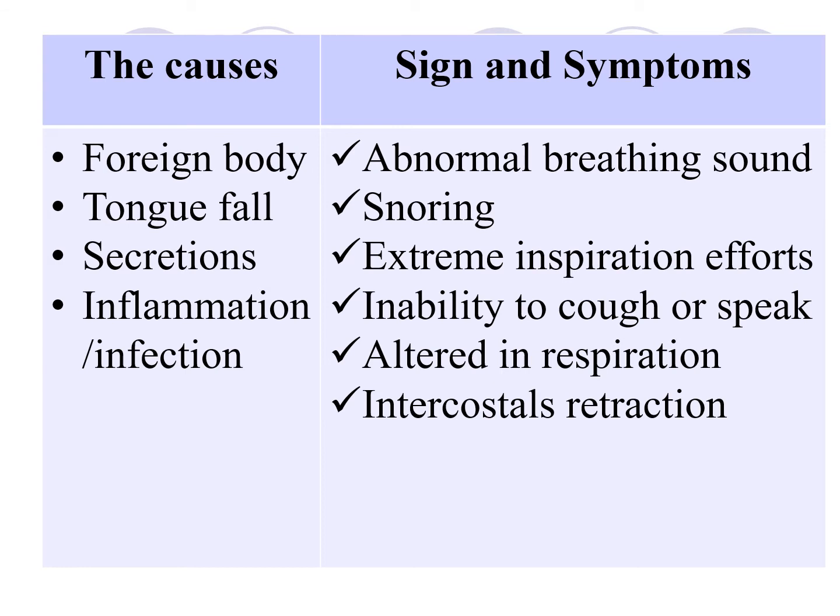That infection and inflammation will lead to narrowing of the respiratory tract. The signs and symptoms: there will be abnormal breathing sound, and we will go then to the different types of breathing sound. The client may also suffer from snoring and extreme inspiratory effort, so he will have difficulty getting air in.